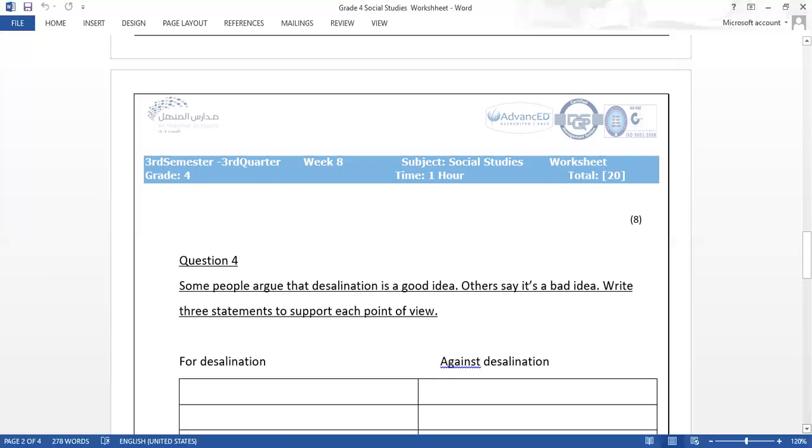It means they use the water from the ocean and remove the salt so we can get fresh water. That is desalination, removing salt from a substance like water.